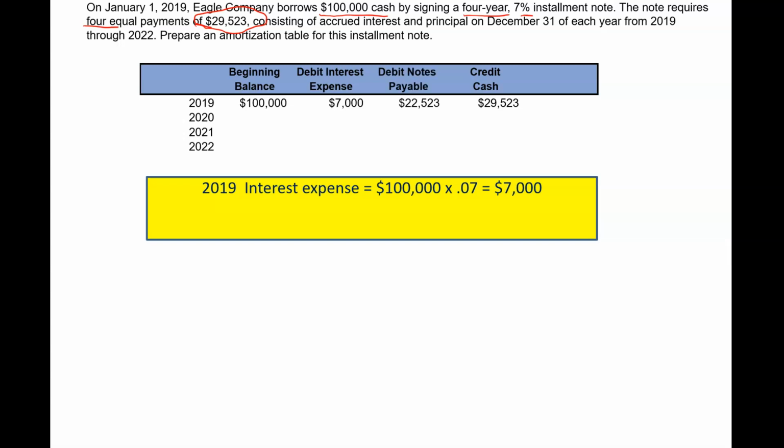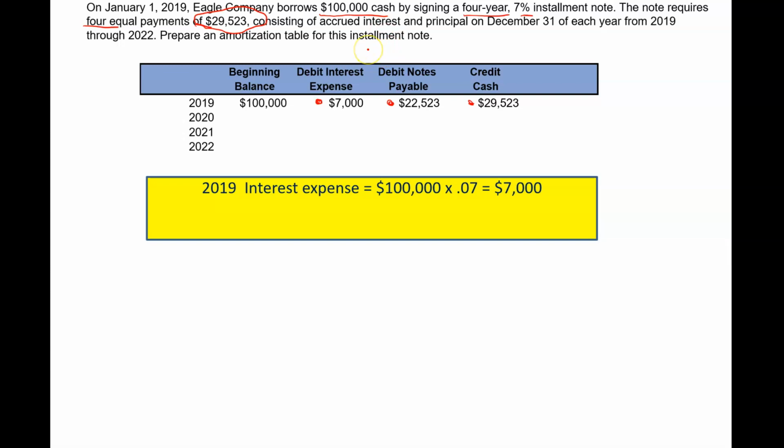The difference between the $29,523 and the amount that goes to interest expense is the amount that goes to principal, $22,523.